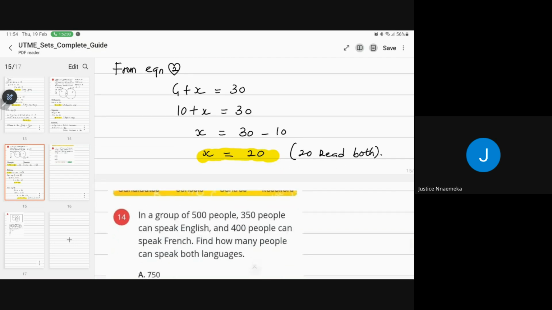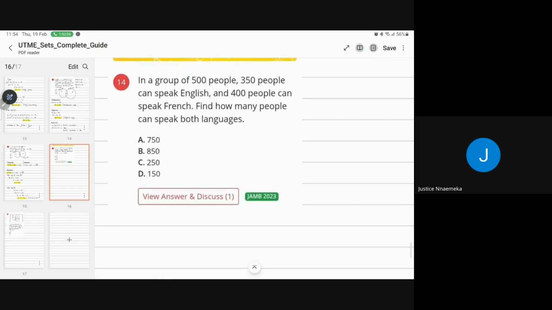All right. So this one says that in a group of 500 people, 350 can speak English, 400 people can speak French. Find how many people can speak both languages.